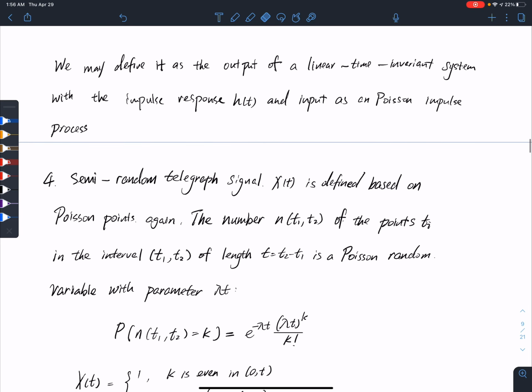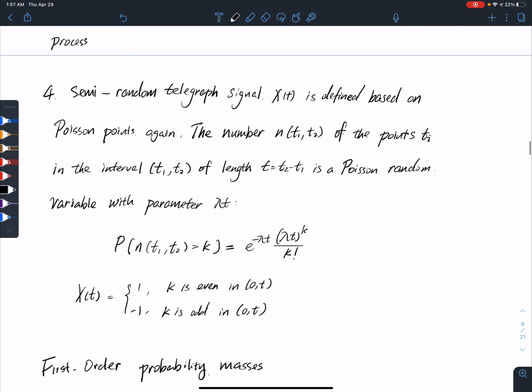Question 4. The semi-random telegraph signal x(t) is defined based on the Poisson points again. The number n(t1, t2) of the points ti in the interval of length t equal to t2 minus t1 is a Poisson random variable with parameter lambda t.